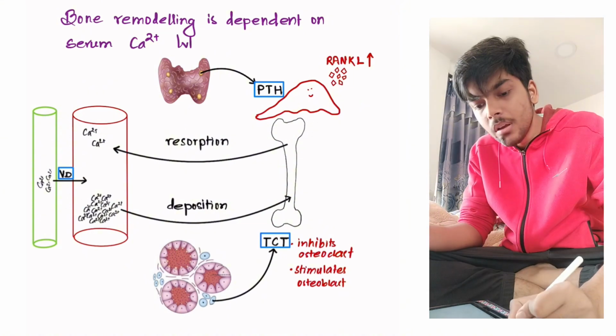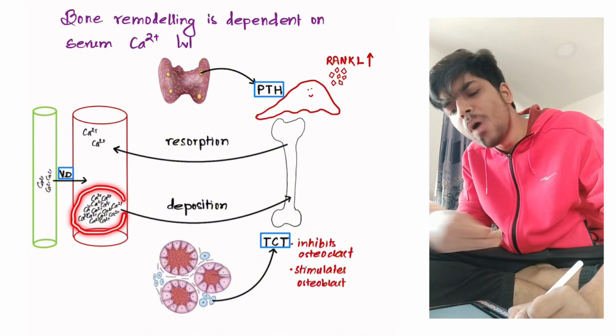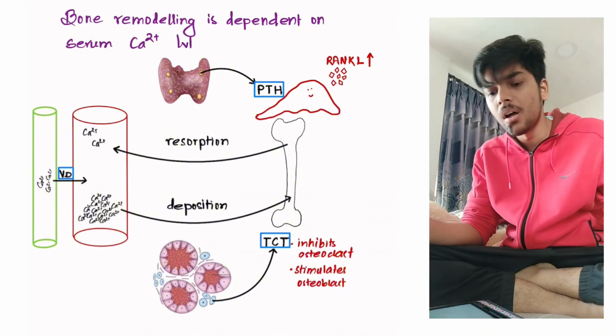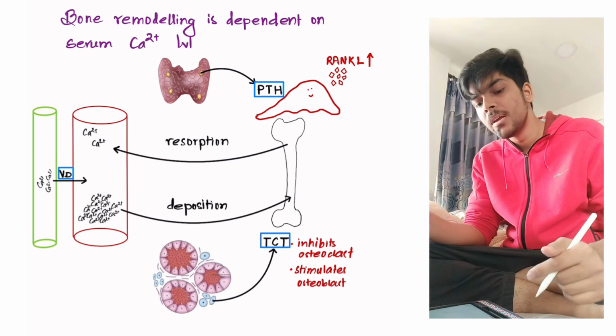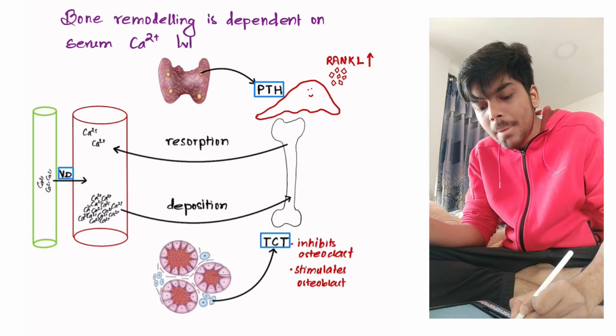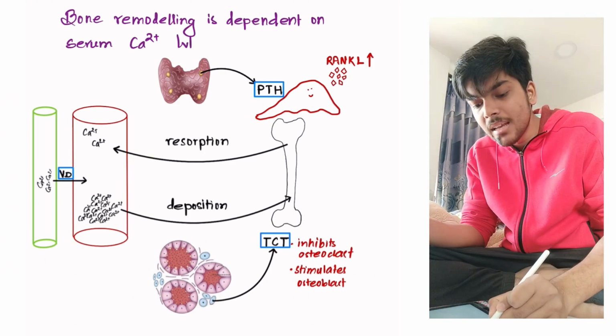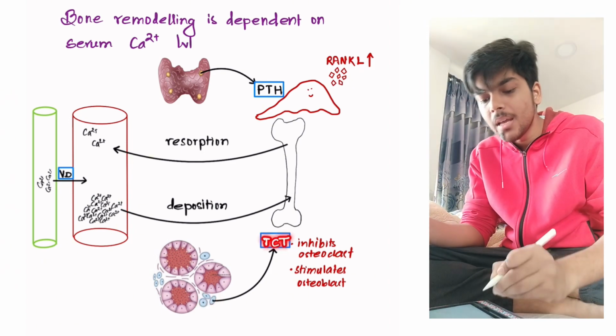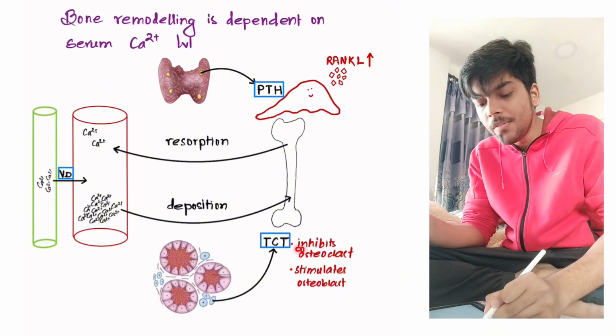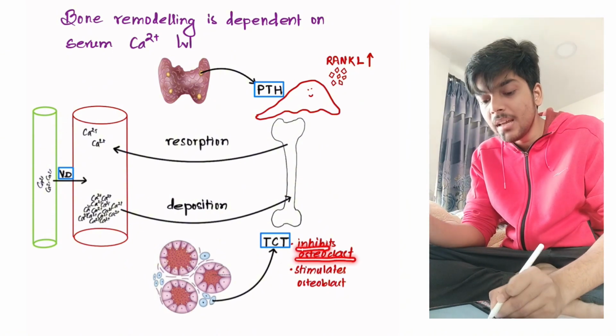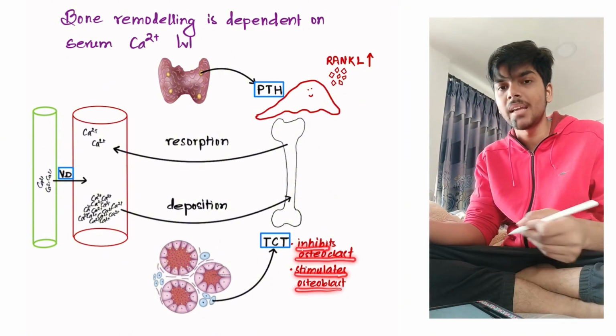Second condition, if the calcium level is too high, above normal in your blood, then the parafollicular cells of your thyroid gland secrete thyrocalcitonin. And thyrocalcitonin inhibits osteoclastic activity and stimulates osteoblastic activity.